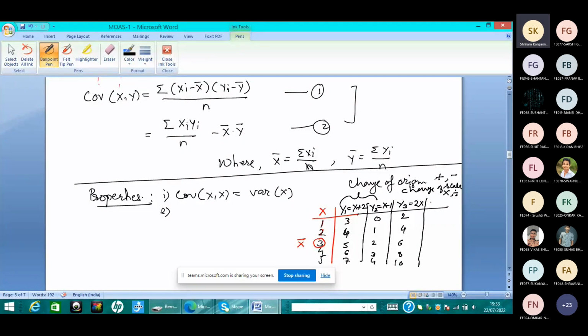When you divide, that is also change of scale. Suppose you divide each observation by 2. You get 1 by 2, 1, 3 by 2, 2, and 5 by 2. So this is the change of scale, and that was change of origin. All of you understand? Please show your thumbs. There should not be any doubt on this.